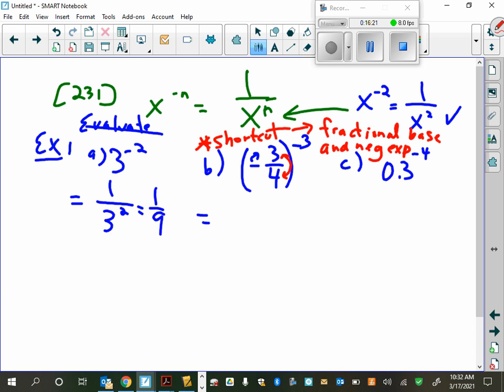So this is the same thing as 4/3, and I could flip my negative sign down, but then I just flip it back up anyway because we never have negative signs in the denominator. So keep the negative sign up top, otherwise you just have to move it up. And the -3 becomes +3.